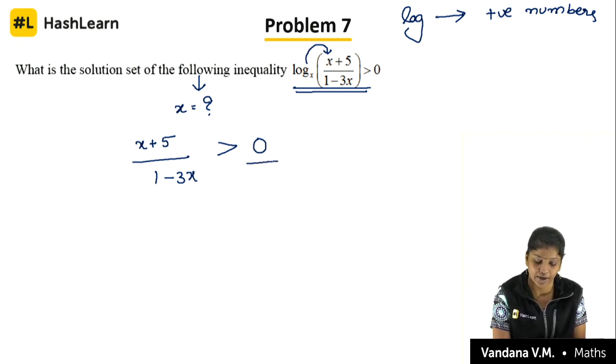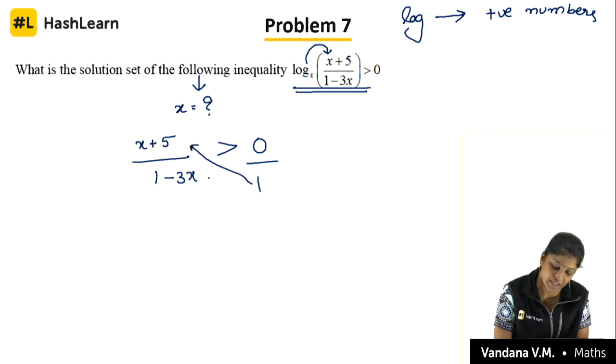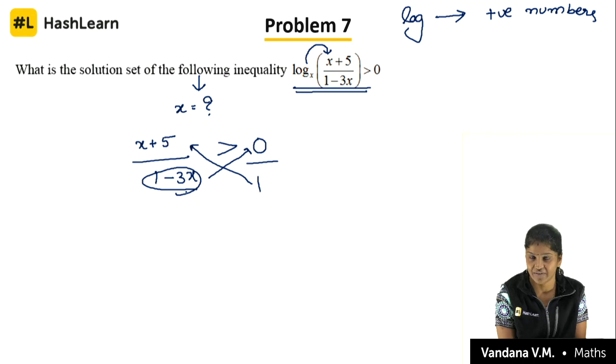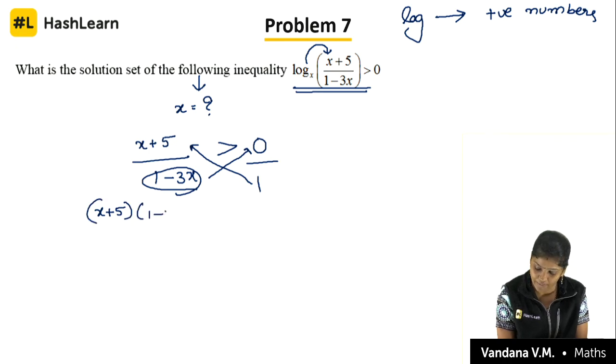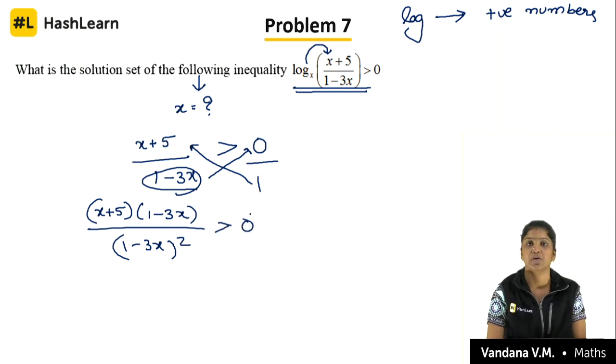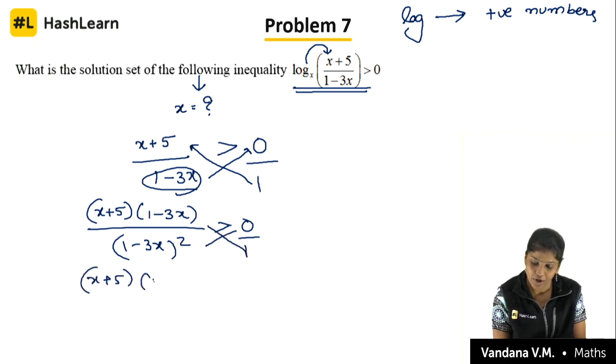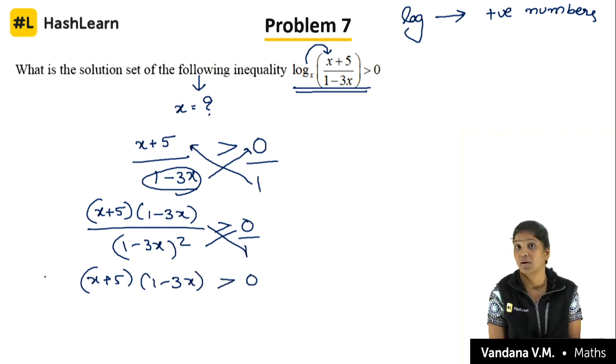So, I told you already, we cannot cross multiply directly because we will miss this term. So, whenever we have it like this, we will multiply and divide with the term. So, (x plus 5) into (1 minus 3x) by (1 minus 3x) whole square is greater than 0. Clear? Next. Now we can do it. So, (x plus 5) into (1 minus 3x) is greater than 0. It is not less than 0.